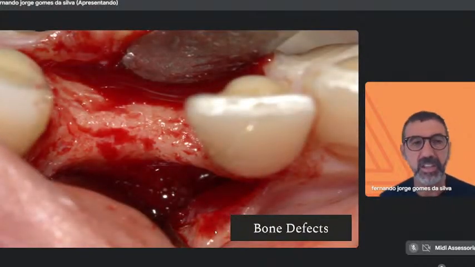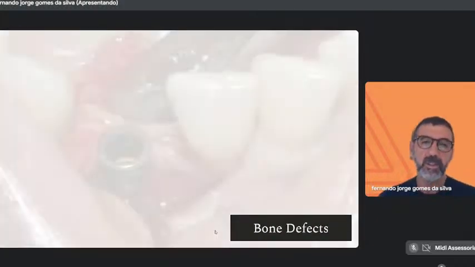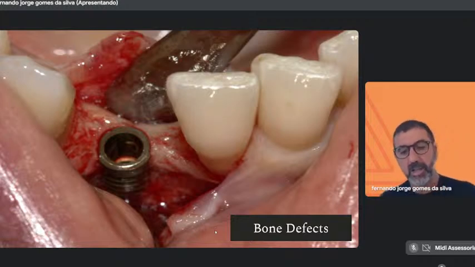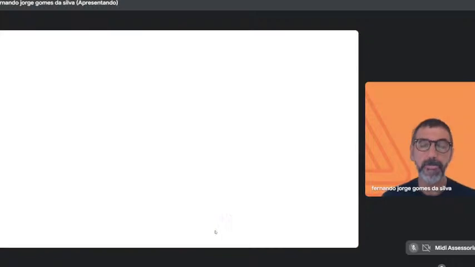As we see here, the bone defect in the occlusal view, the implant placement, and I made the same strategy to rebuild this gum.